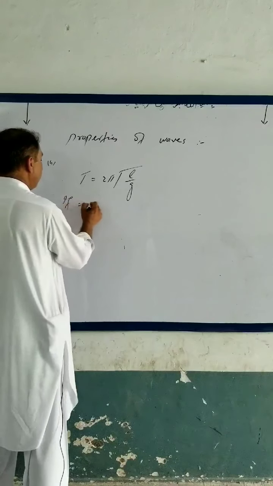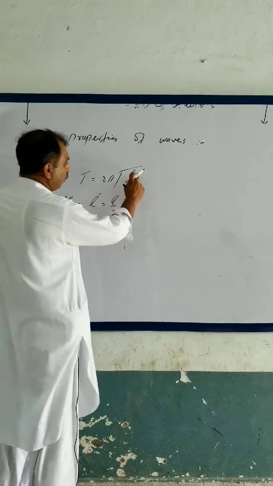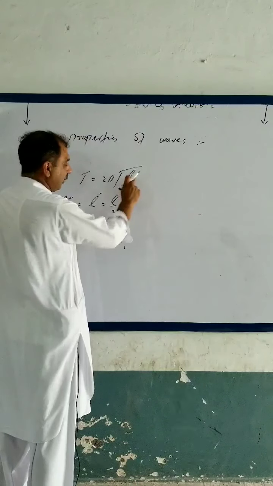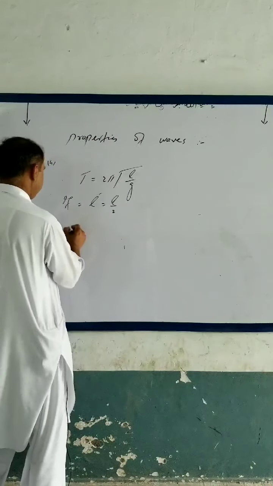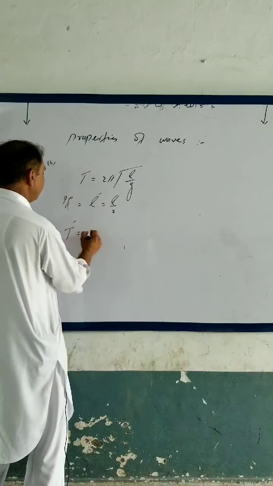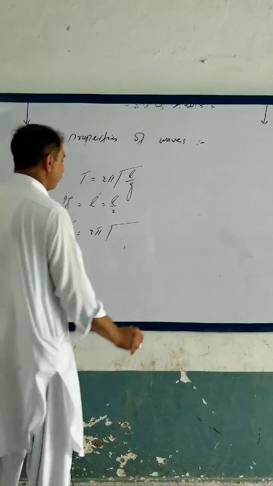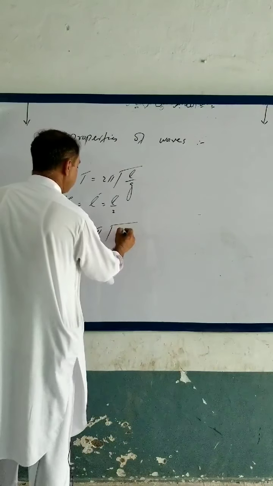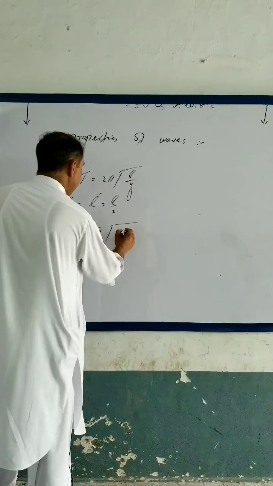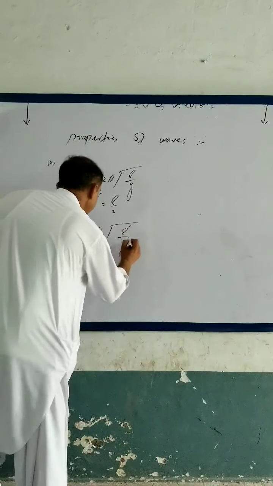If L dash is equal to L by 2, when we convert this length into half, what will happen? T dash is equal to 2 pi under root L dash divided by g.